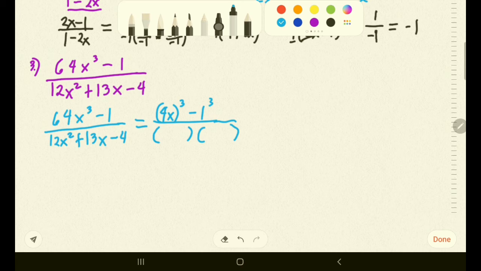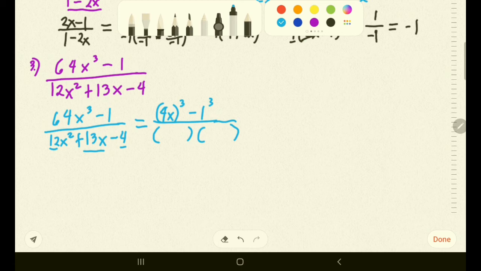This is kind of tricky because the numerical coefficient of the first term, 12x squared, is 12, and the last term is negative 4. So there are many combinations, many options. But you stick with the focus that you must get the middle term, which is 13x.